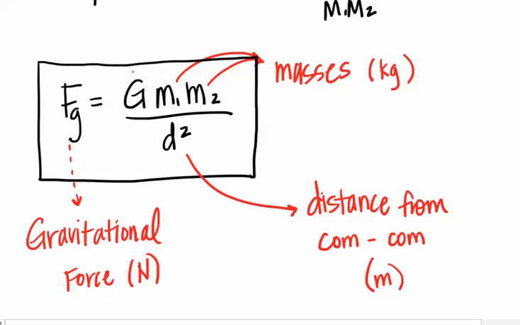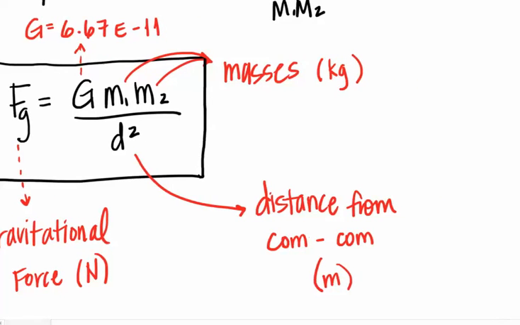And this is our gravitational constant, G. Newton's gravitational constant, or the universal gravitation constant, 6.67 times 10 to the negative 11. And what would the unit be? Let's do a unit check out here to the side.